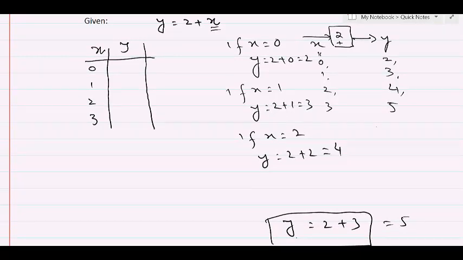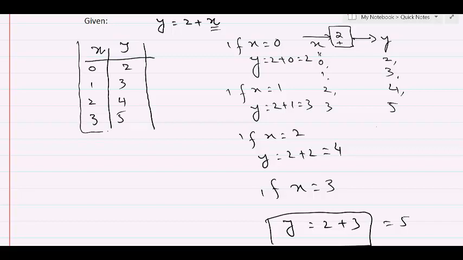And if x is equal to 3, then y is equal to 2 plus 3, which is equal to 5 here. So against 0 it was 2, for 1 it is 3, for 2 it is 4, and for 3 it is 5. This is called the table of values.